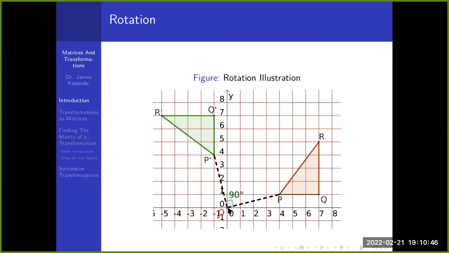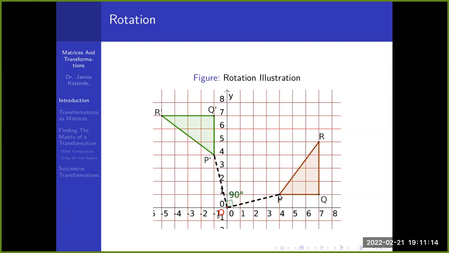If you draw the center of rotation, here is the origin. If you draw a line from the center to the point P, and a second line from the center to the image P prime, the angle between those two lines should be the angle of rotation, which is 90 degrees.